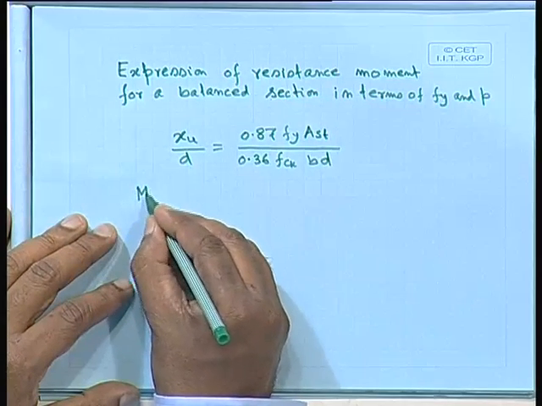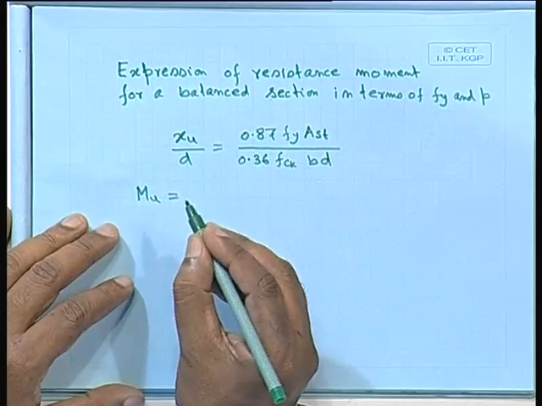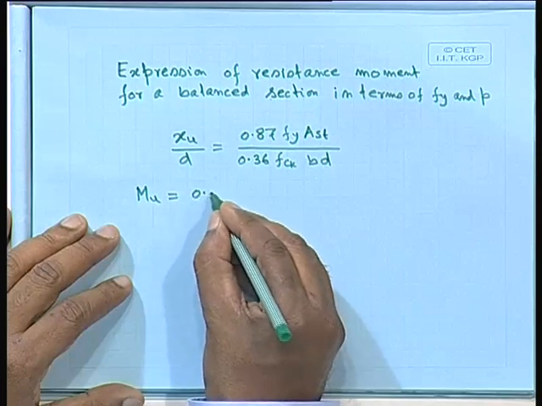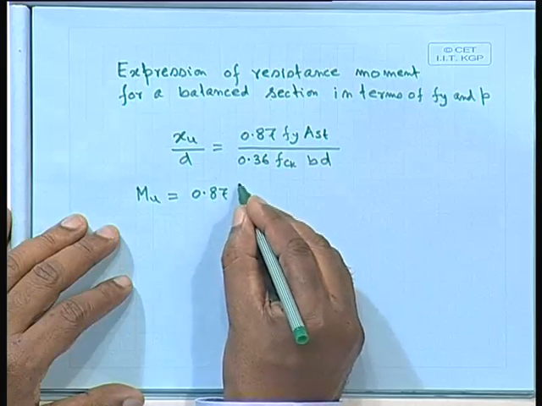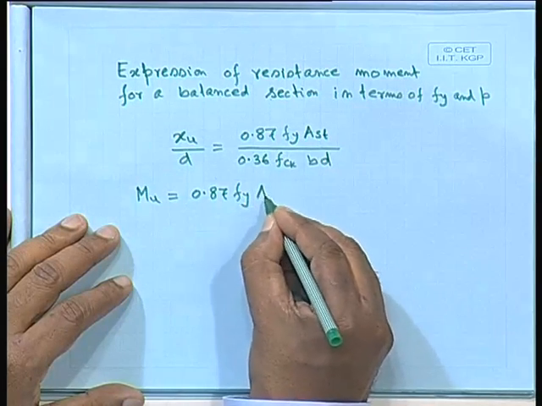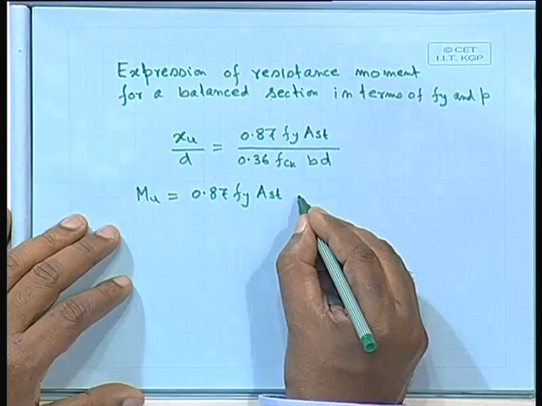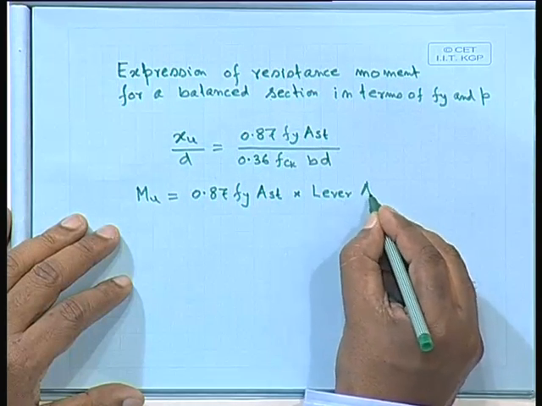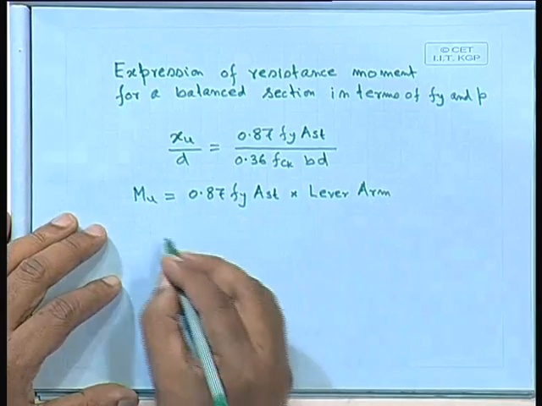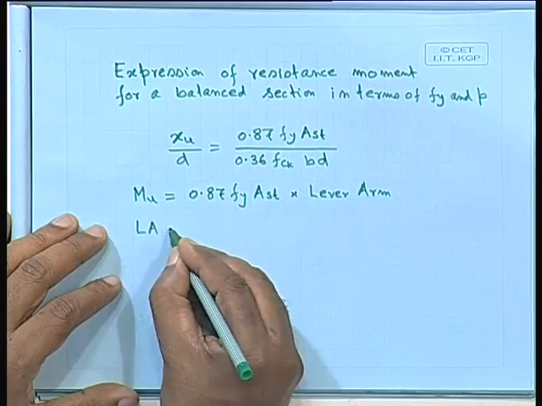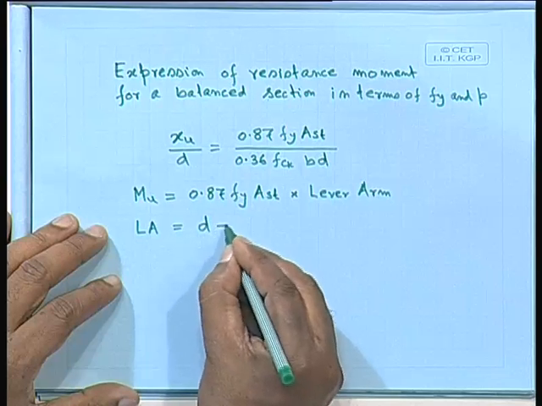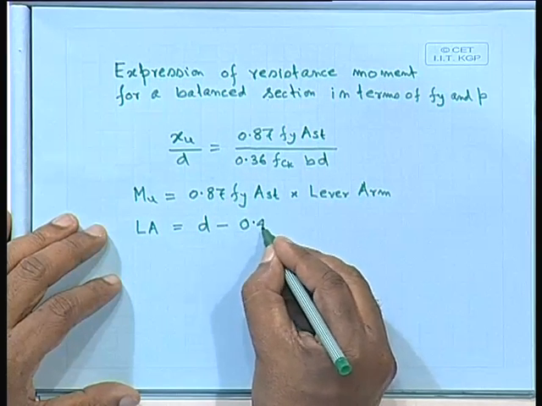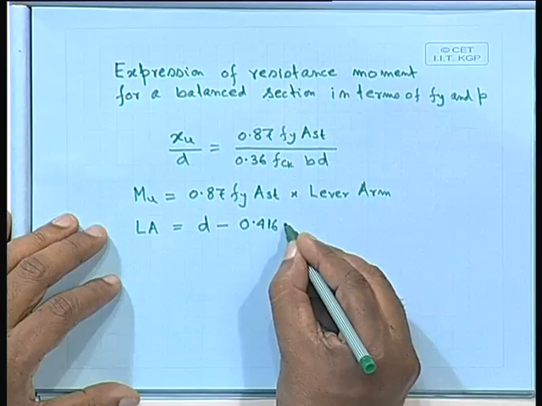Mu, that limiting moment, the moment of resistance, equals 0.87 FOI AST, this tensile force, multiplied by the lever arm. So, lever arm here equals D minus 0.42 XU, or 0.416, the exact value, we can also write down.